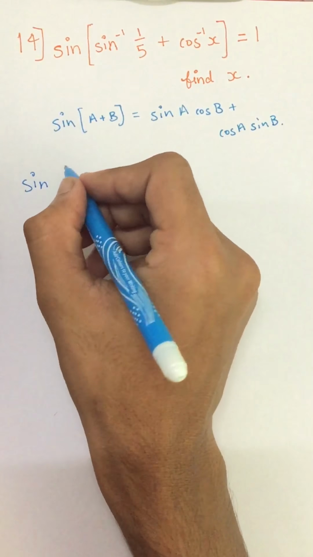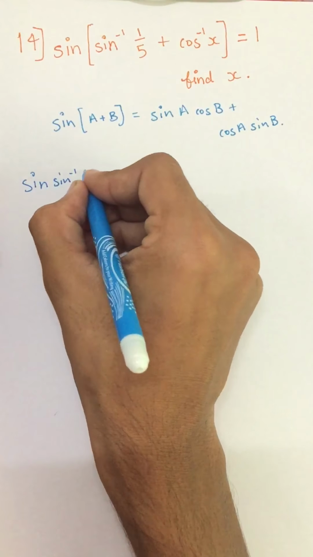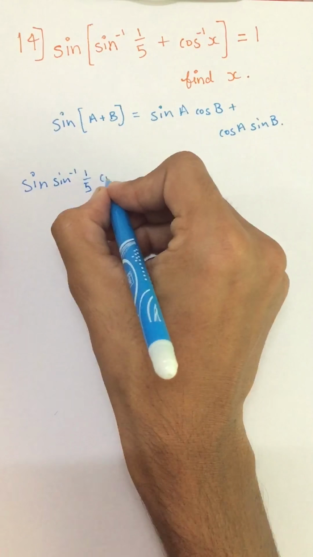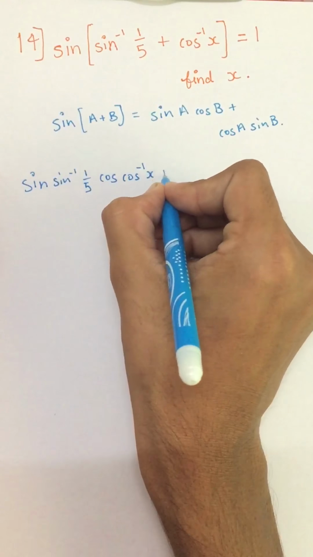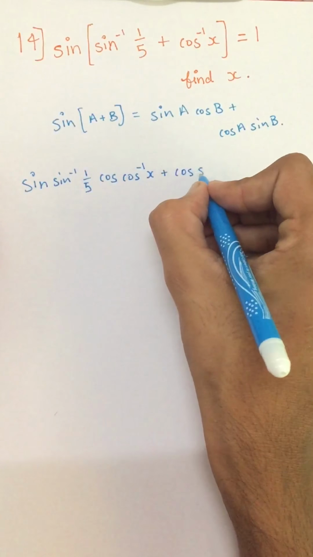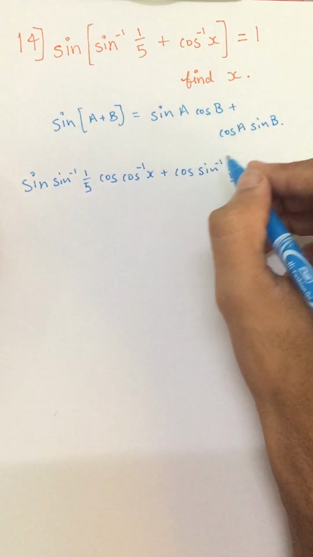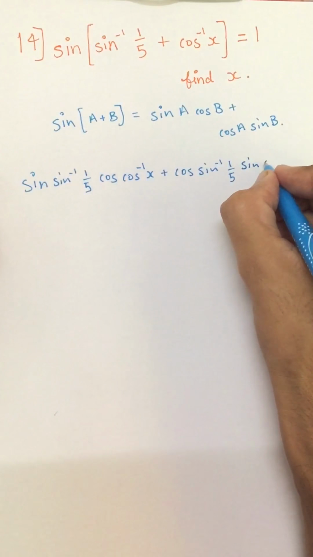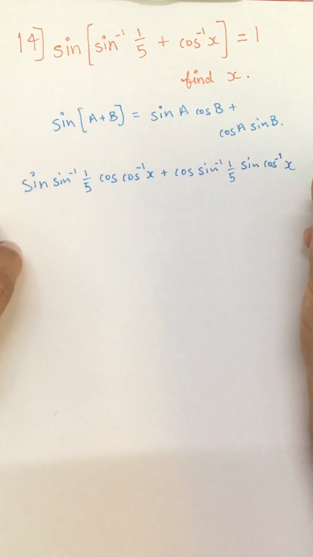sin of sin inverse 1 by 5 into cos of cos inverse x plus cos of sin inverse 1 by 5 into sin of cos inverse x.